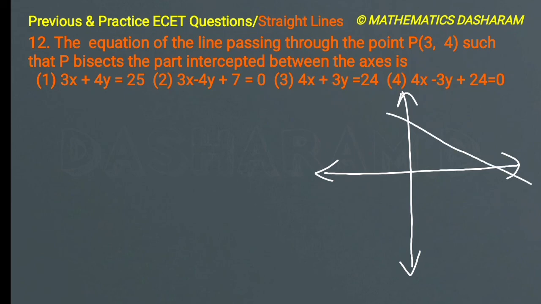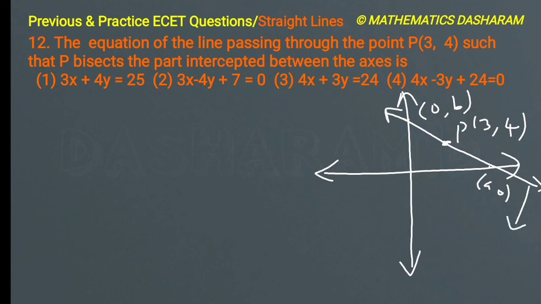So this is a line. This line intersects the x-axis at (a, 0) and the y-axis at (0, b), and the point P is bisecting this line, that means exactly the middle point, P(3, 4). Then he's asking what is the equation for this line.